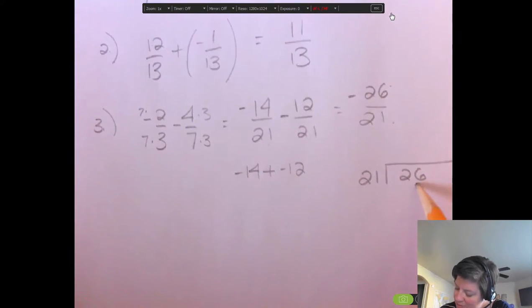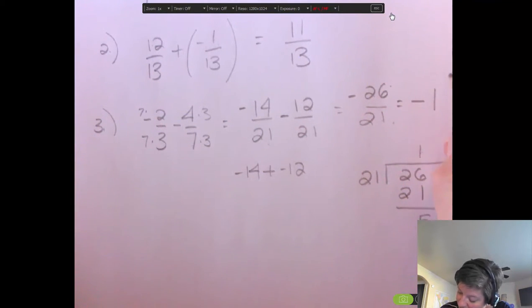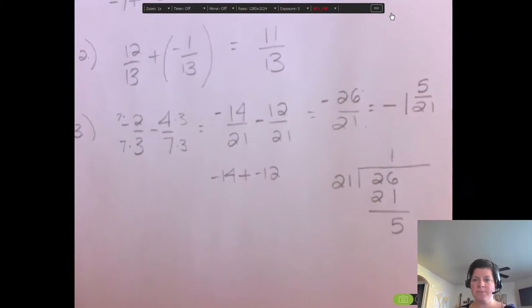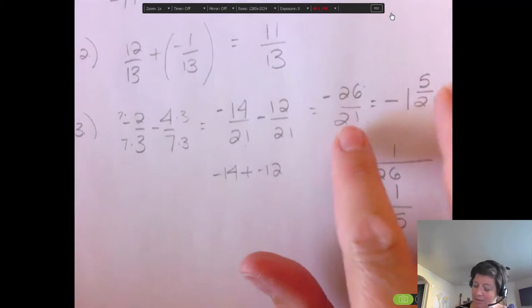Well, 21 goes into 26 one time. So 1 times 21 is 21. We subtract, so you get your 5. And we would think of this as 1 and 5/21. So this is the same as negative 1 and 5 over 21. Okay, so I can go improper or mixed.